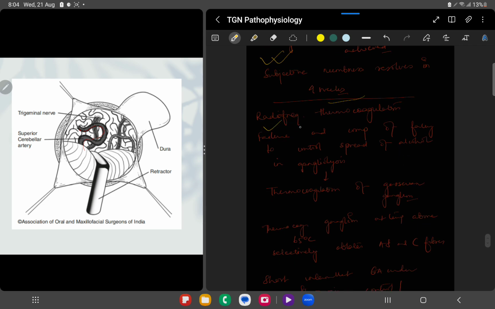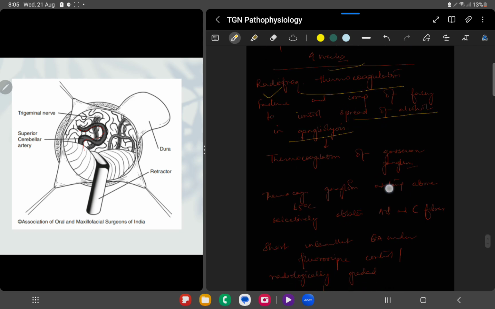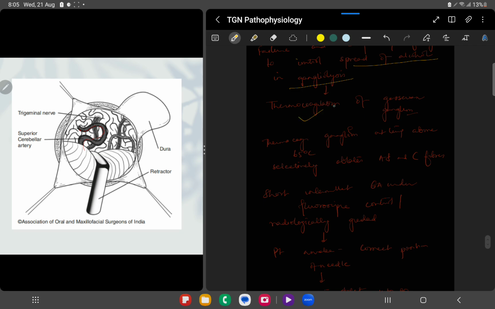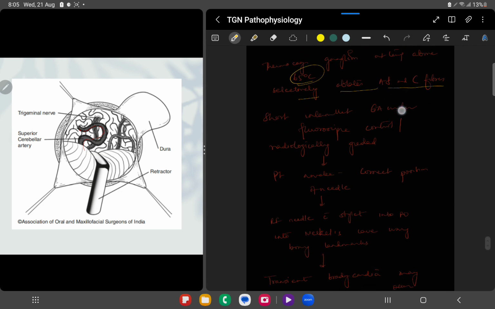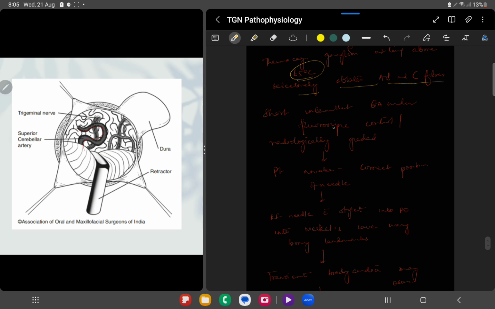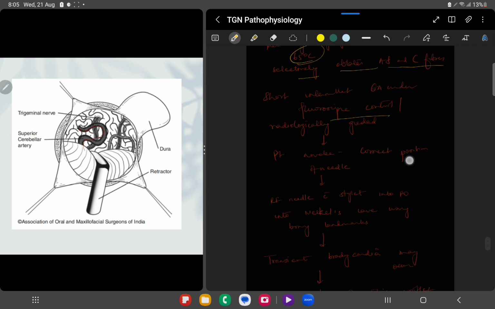Then we go to another technique, the radiofrequency thermocoagulation. The failure to control the spread of alcohol in gangliolysis has given rise to this procedure. In this, thermocoagulation of the Gasserian ganglion resting in Meckel's cave is done at a temperature of 65 degrees Celsius. It selectively ablates the A delta and C fibers. Short intermittent GA is given with fluoroscopic control, and it is radiographically guided.